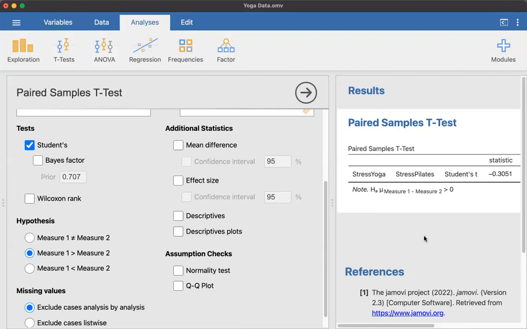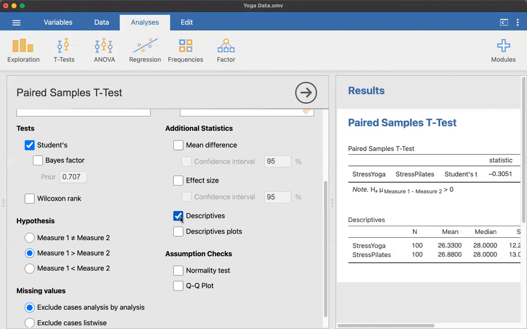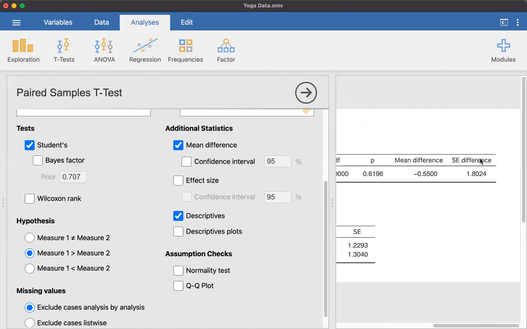So with this, it doesn't show the name of the levels like it does for the independent samples t-test, but something that I find really helpful is you can go to the descriptives right here, and then you can go to look at mean difference, which is the difference between the groups, and that shows up over here.